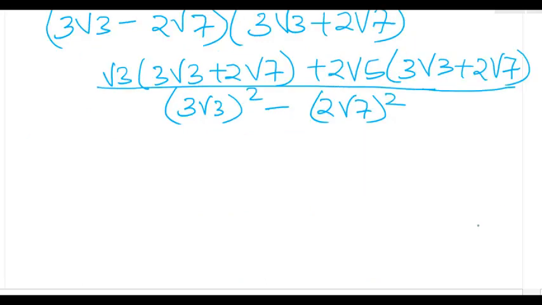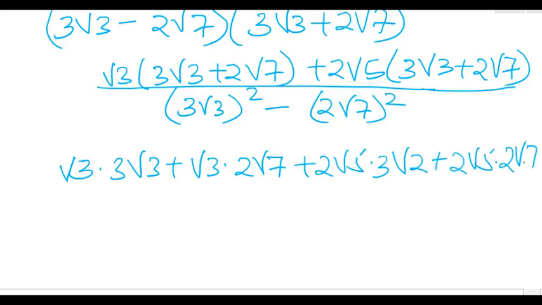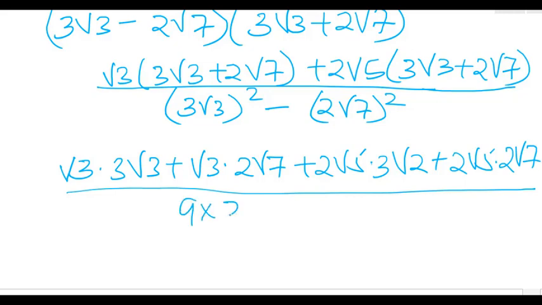We simplify the numerator and the denominator separately, and we're going to get 3 root 3 multiplied by 3 root 3 plus root 3 multiplied by 2 root 7 plus 2 root 5 multiplied by 3 root 3 plus 2 root 5 multiplied by 2 root 7. We divide by, this is 9 multiplied by 3 minus 4 multiplied by 7.